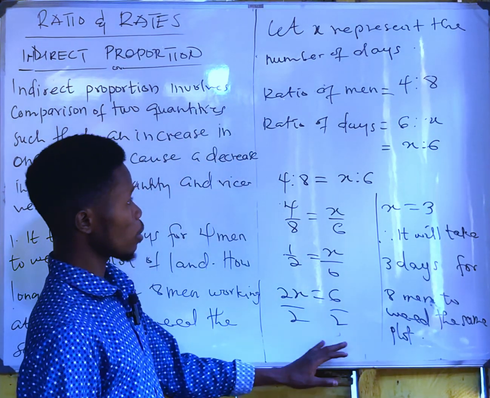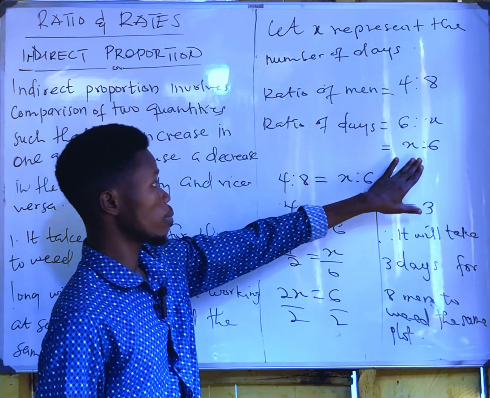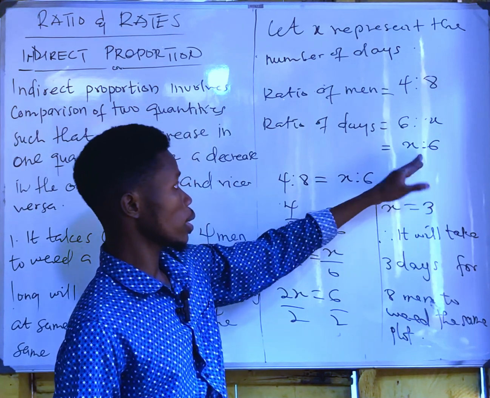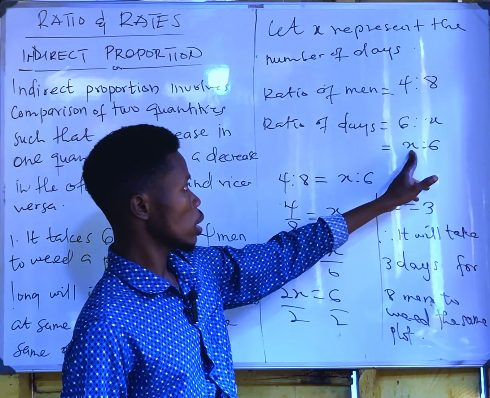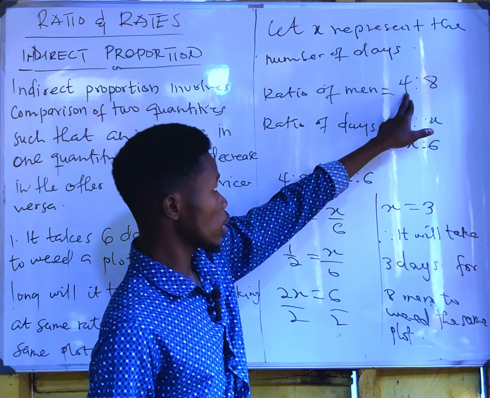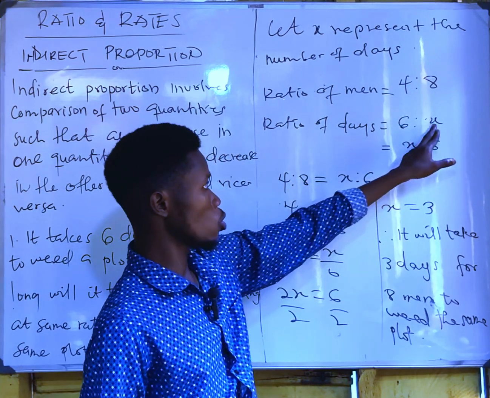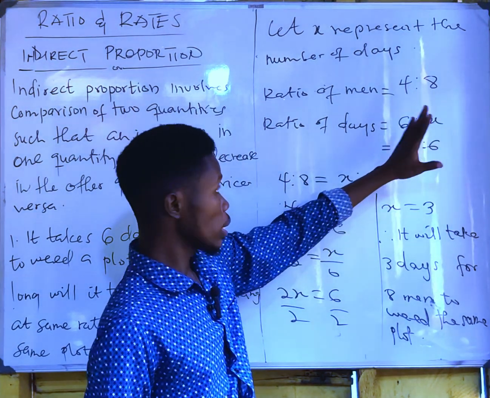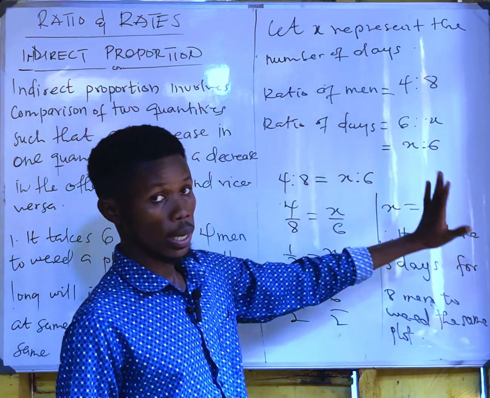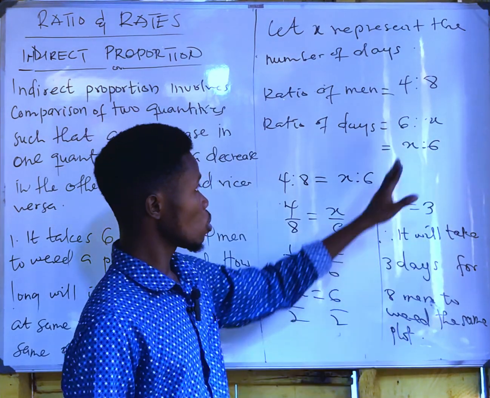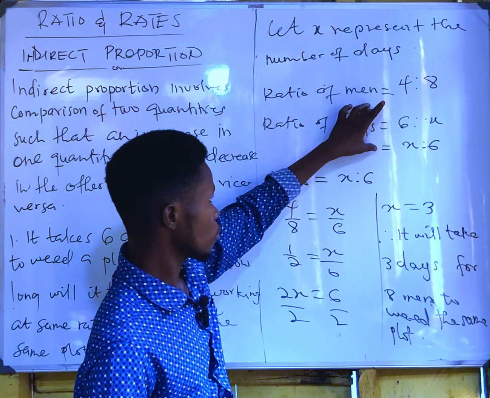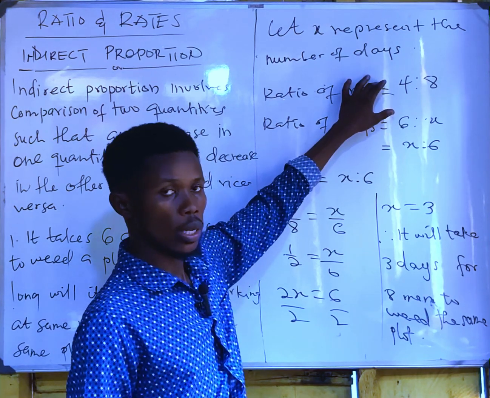So that's how you do it. The only different thing here is that you interchange them. If somebody also interchanges the 4 and 8 and maintains the 6 is to x, the person is going to get the same answer. Is that okay? So you interchange either this or that. Is that okay? Good. Let's look at the second example.